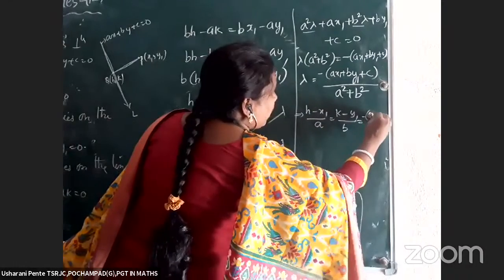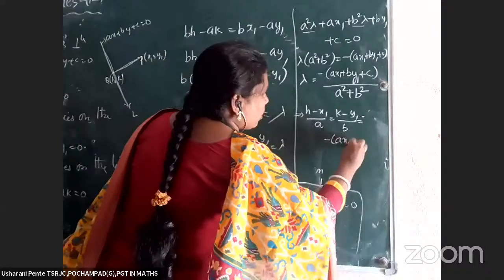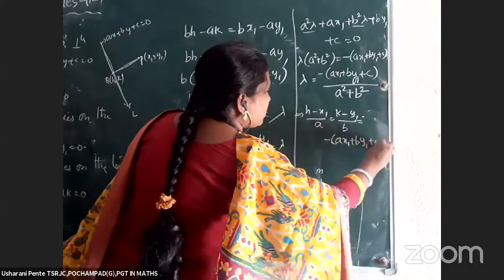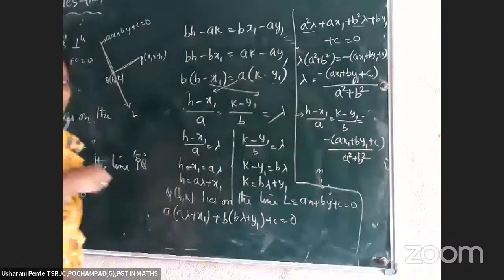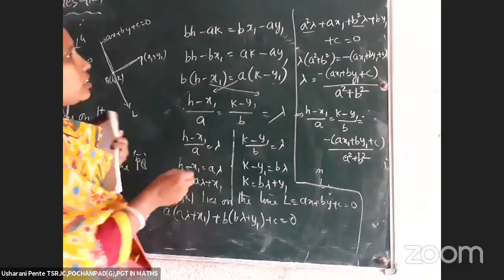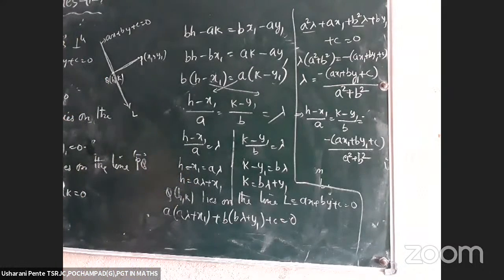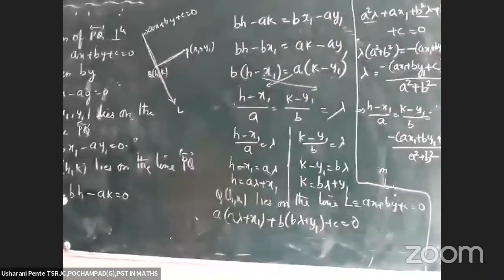Minus of (ax1 + by1 + c) by a square plus b square. That is the foot of the perpendicular from the given point. This is how we will find the foot of the perpendicular from the given point.